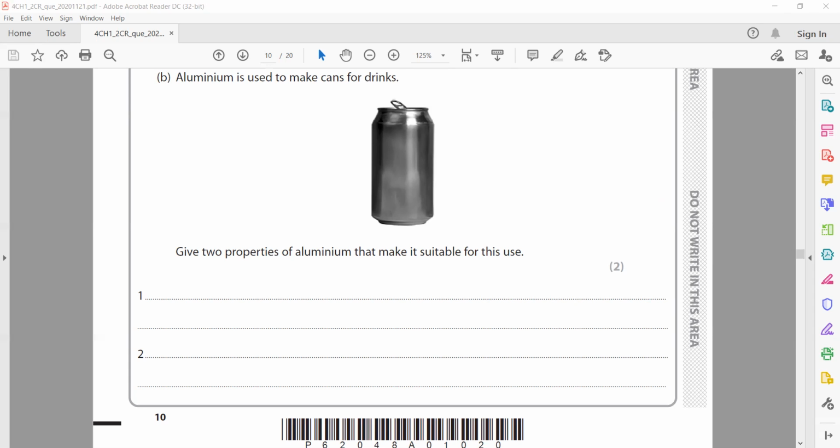And when you are making a can, it has a low density, that's one thing, so it is easy to lift, and it does not corrode, rust or react. And when something is used as a can, it should be malleable as well, so you can hammer it into shape.